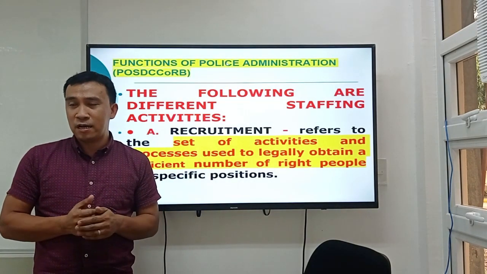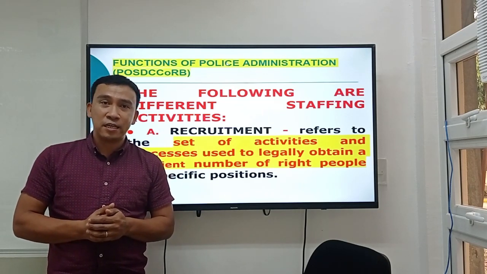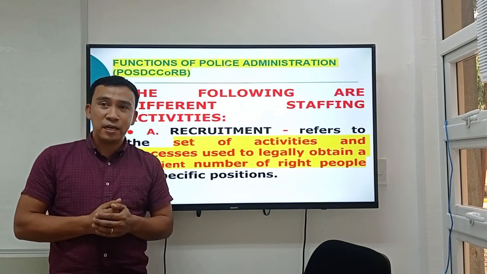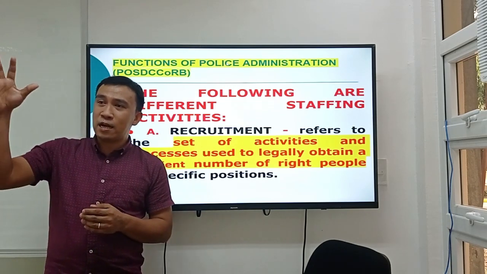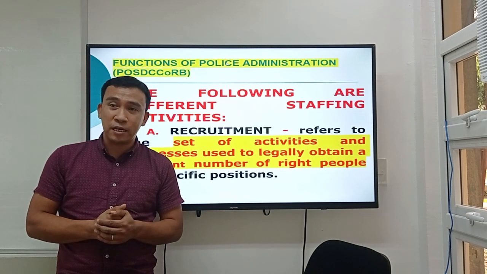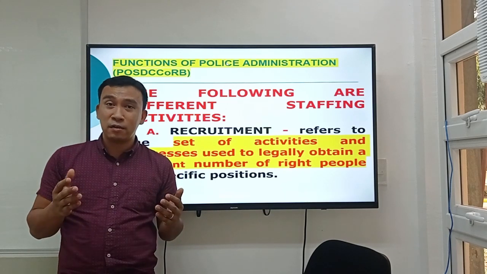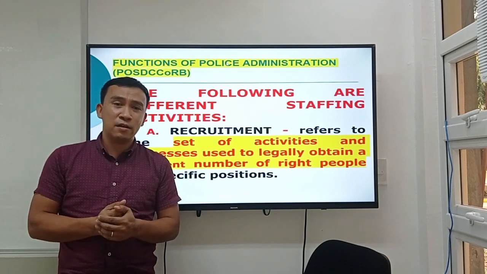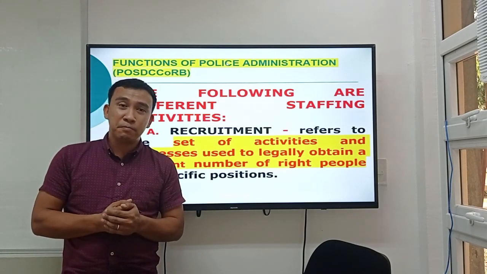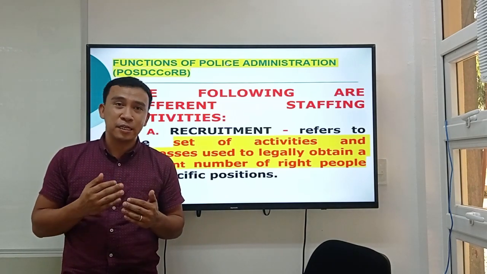Like for example, sa Philippine National Police, ang kanilang recruitment process ay through advertisement, through announcement, wherein ang kanilang ilalagay ay yung kanilang salary, kung magkano ang salary, and then yung security or yung kasiguruduhan ng trabaho, and iba pang mga benefits na pwede nilang makuha habang sila ay nasa organization.